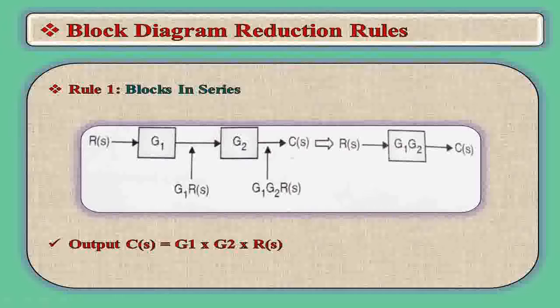Suppose we have two blocks in series as shown in figure. Thus we can replace the two blocks with different transfer functions by a single one, having the transfer function equal to the multiplication of each transfer function without altering the output.